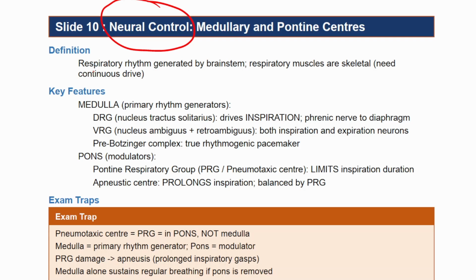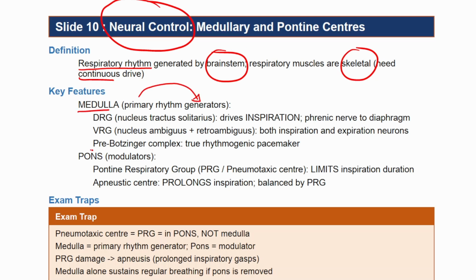Okay, so first, we will talk about the respiratory rhythm generation. The baseline rhythm is generated by the brainstem. Because respiratory muscles are skeletal, they require continuous, uninterrupted neural impulses from these centers to function. The medulla is the primary rhythm generator.